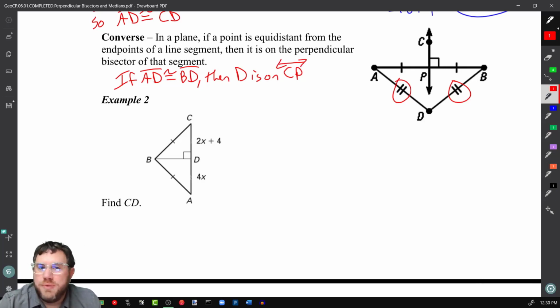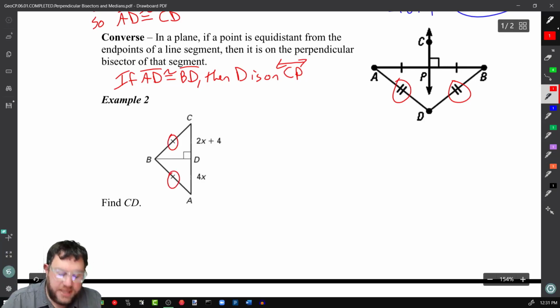And the thing is, when we work these, we really work them about the same, only now, in example 2, we're dealing with the original line segment versus the diagonal ones. So we see that CB and AB are congruent, and that means that this is a perpendicular bisector.